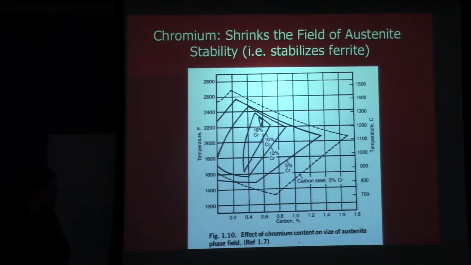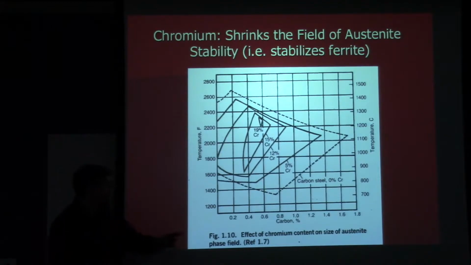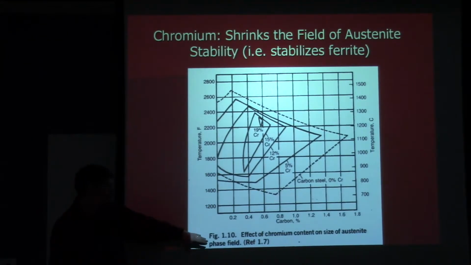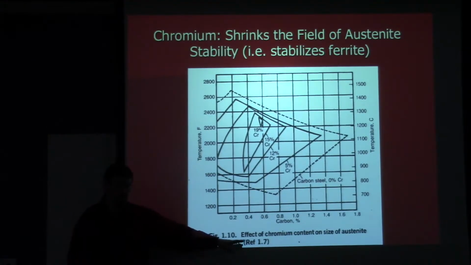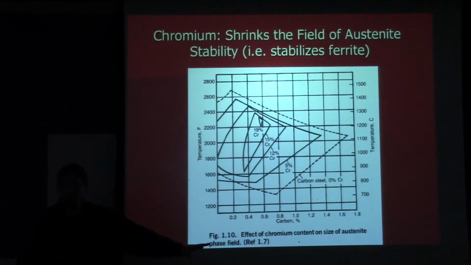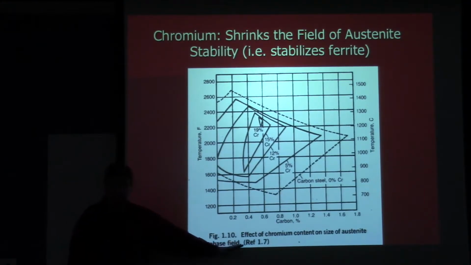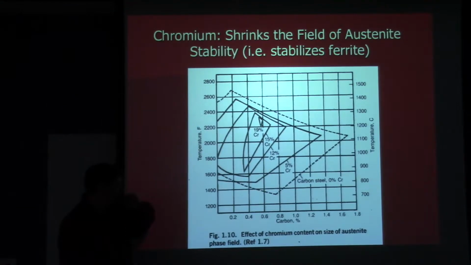This one is quite interesting. This is specific for chrome and carbon. What this lets us see is the effect of chrome content on the size of the austenite phase field. So now we have a completely different parameter, not talking about eutectoid anything, just looking at where austenite is stable, right?